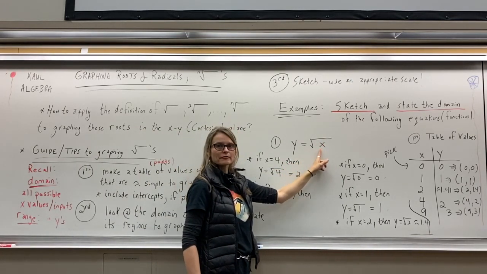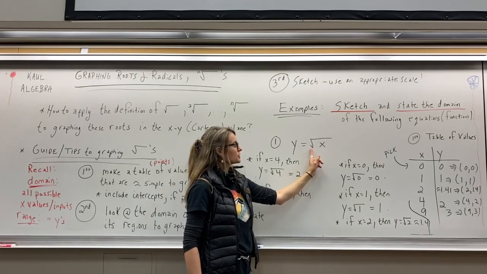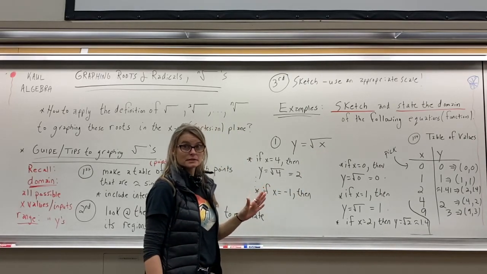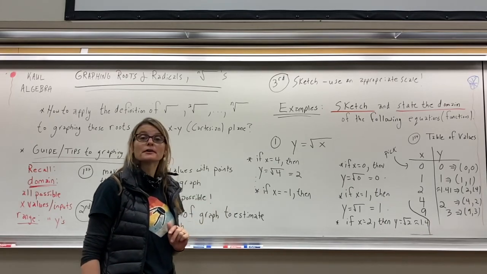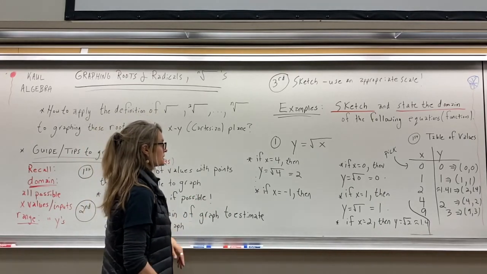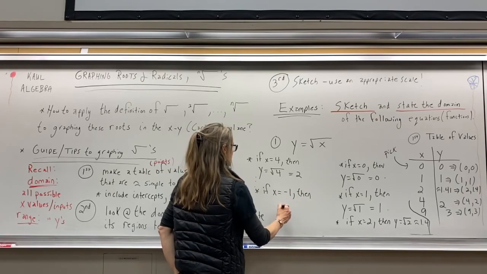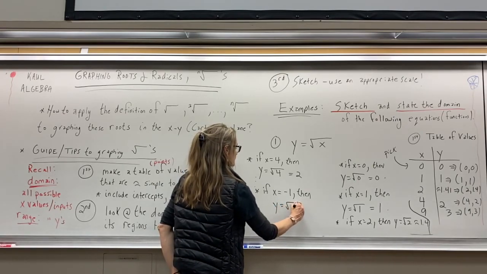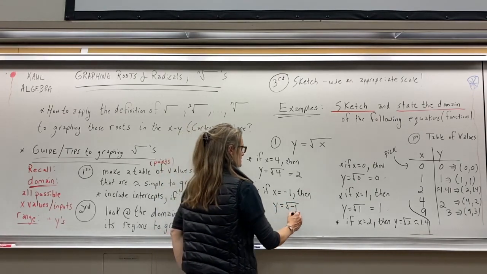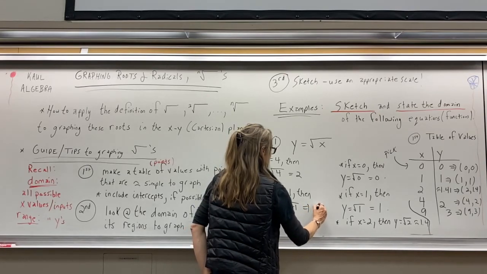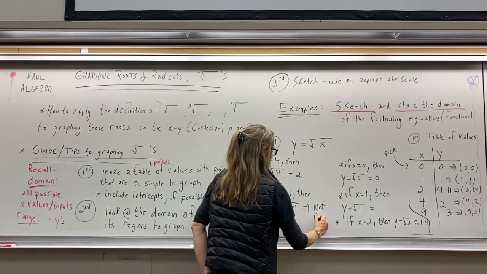But if I put a negative number underneath here, I'm going to try to take the square root of a negative, which is a non-real number, and we can't graph those. So if x is -1, then y equals the square root of -1, and that is not real. It's an imaginary number.